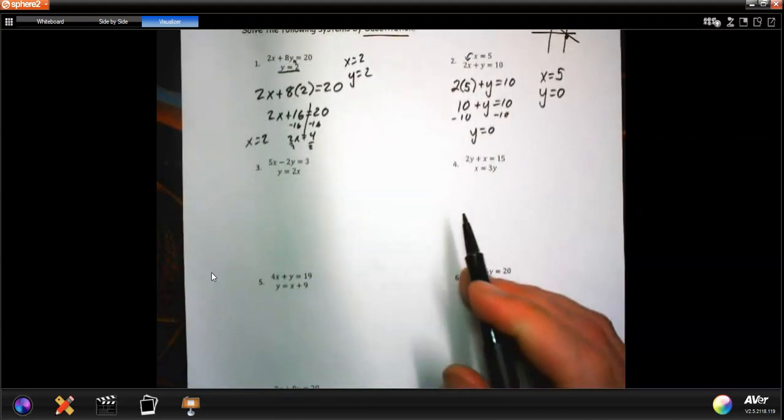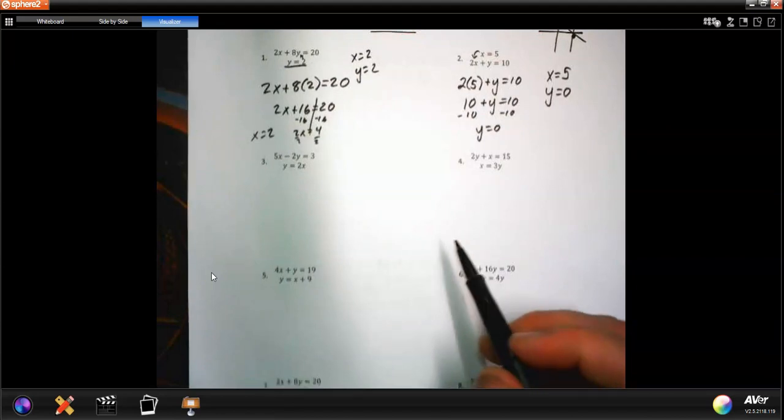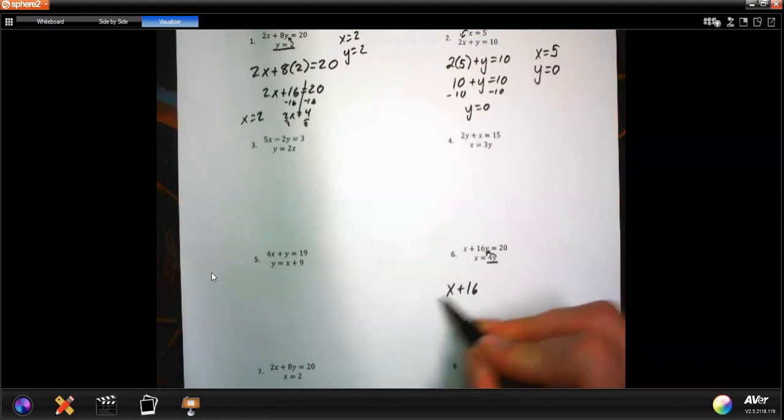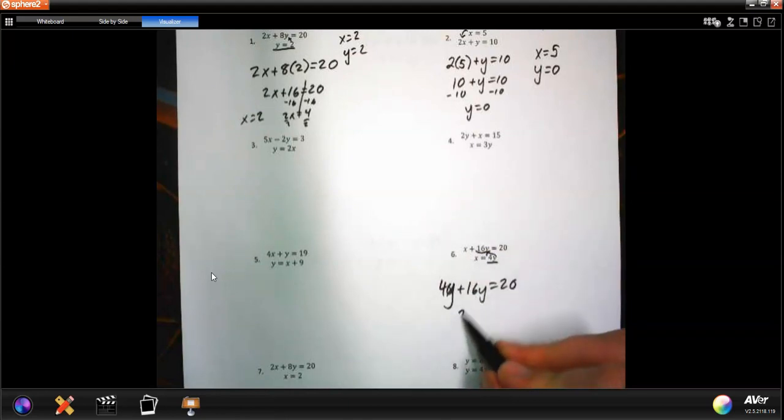Now, these next ones get a little bit trickier because they have some more numbers. For example, we'll do this one. x equals 4y. So we're going to plug that in here, right? And do some math. Now x plus 16y becomes 4y plus 16y equals 20, because x equals 4y. 4 plus 16 becomes 20y equals 20. 20 divided by 20 is 1.